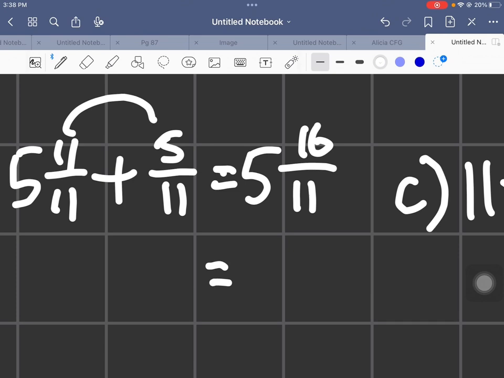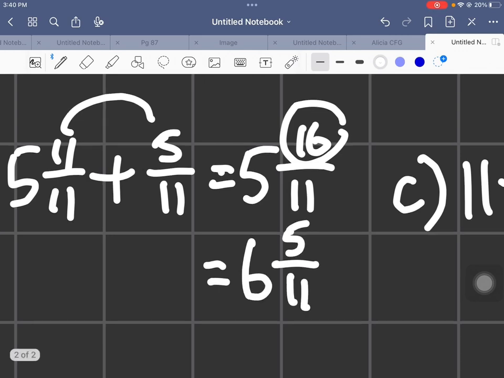I don't know what it is called, but we need to convert it to a proper mixed fraction. As you can see, the numerator 16 is bigger than 11, which is not acceptable. So if we convert it to the proper one, we will get 6 and 5 over 11.